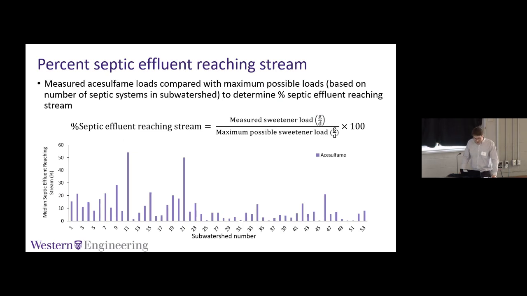As we can see across the 53 sub-watersheds, the median percent septic effluent varies widely across our study areas, with some sites ranging up into the 50% septic system effluent reaching the stream, and others often below 10%.